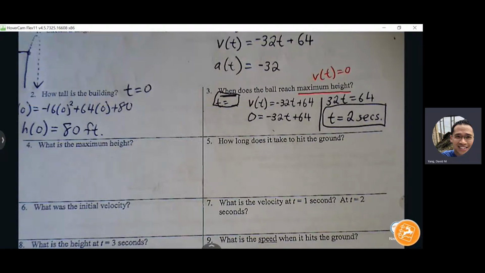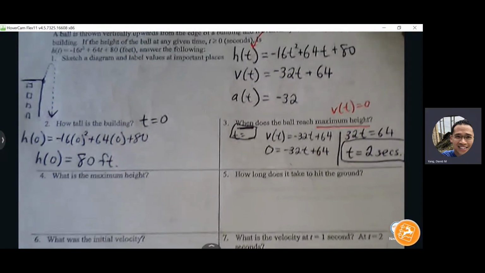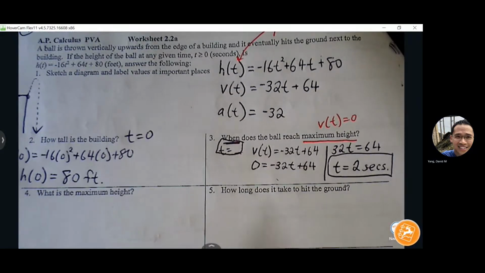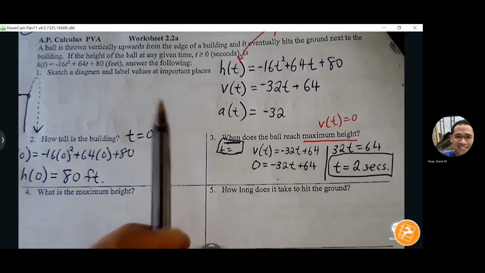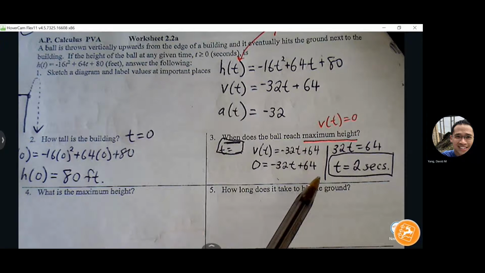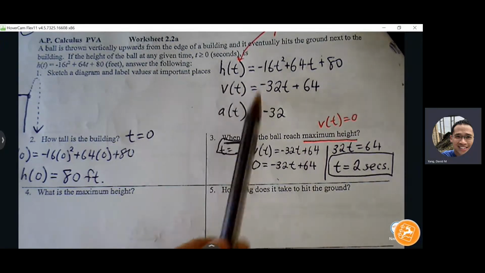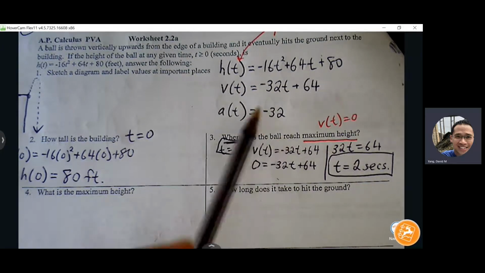So now, number 4, related to number 3, what is the maximum height? So how would we go about doing that? Yep, 2 into the position function, right? Because now we're looking for the maximum height. We're not looking for velocity.